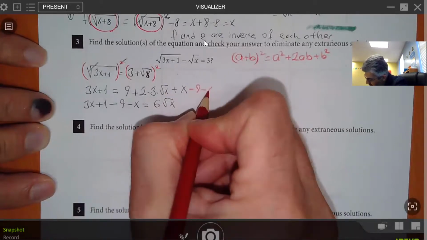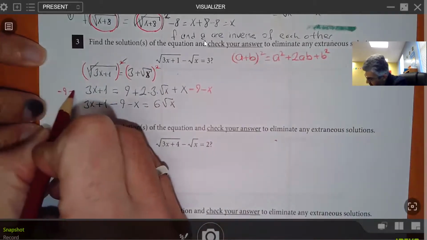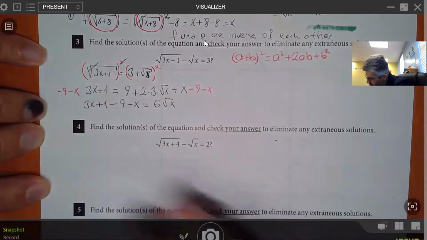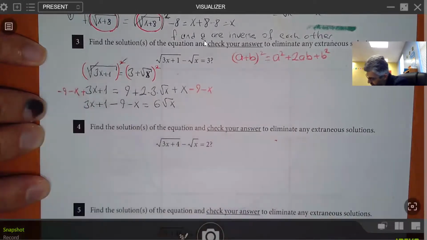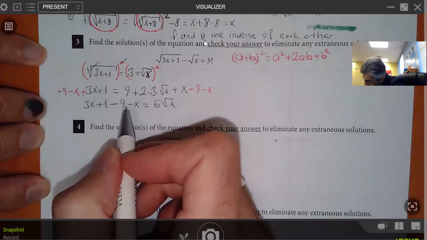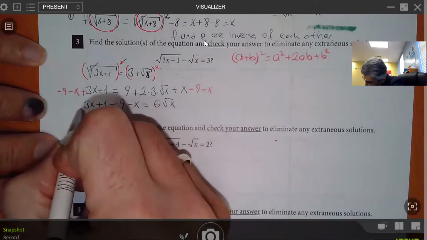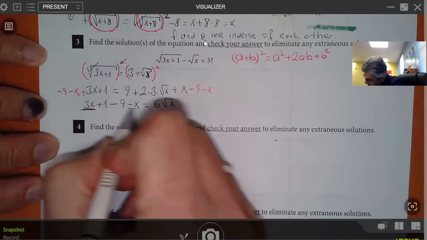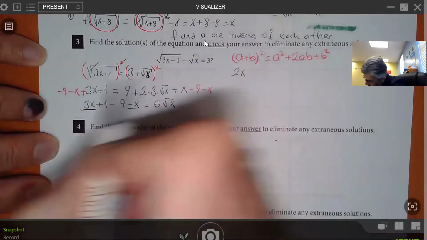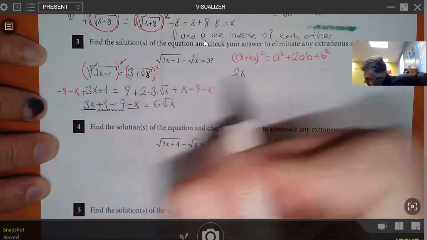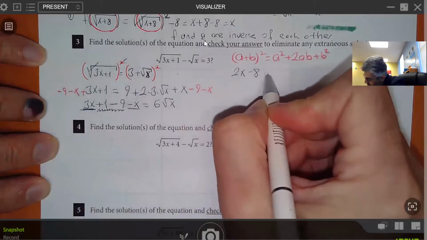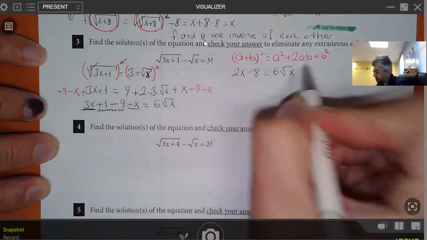Negative 9, negative x, negative 9, negative x. So this is plus here, plus 3x. Then we have 3x minus x is 2x, plus 1 minus 9 is minus 8, equals 6 root x.